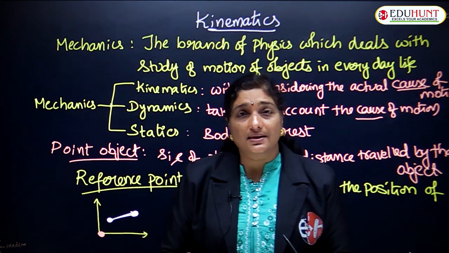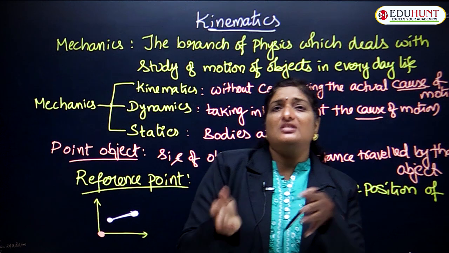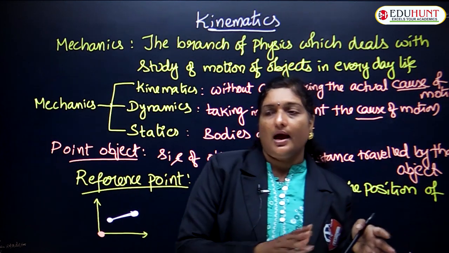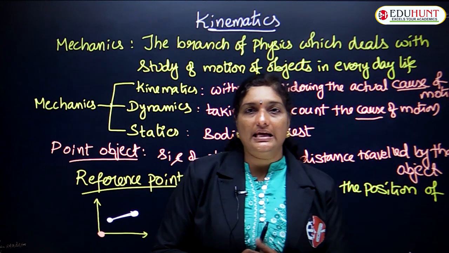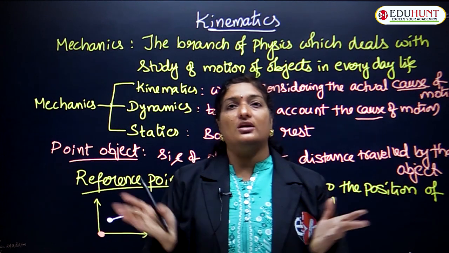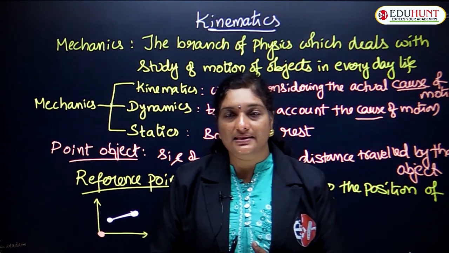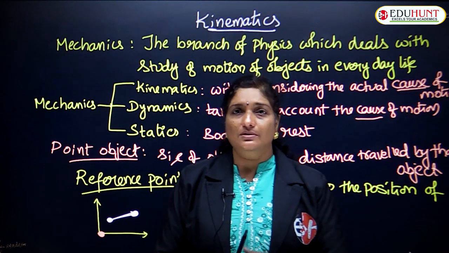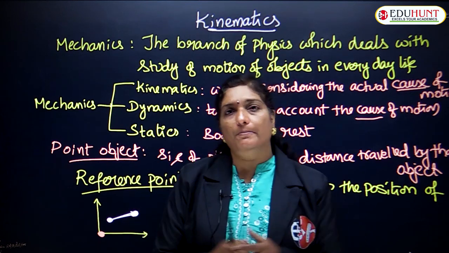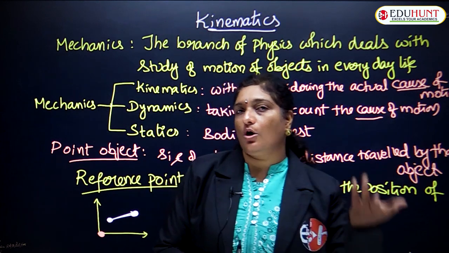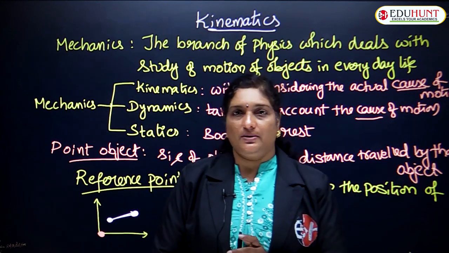And there are cases where the position of a body may change from time to time and with respect to surroundings. Consider the motion of vehicles, the revolution or rotation of the planets, and many other examples. These change their position with respect to some fixed position, so those objects are said to be in motion.